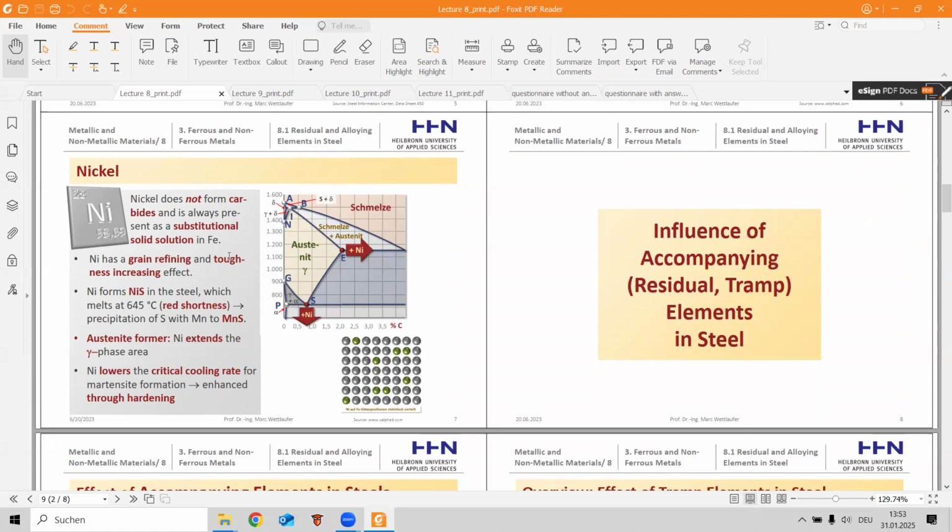So, nickel extends the austenite phase area here. Nickel lowers the critical cooling rate for martensite formation and hence promotes through hardening.